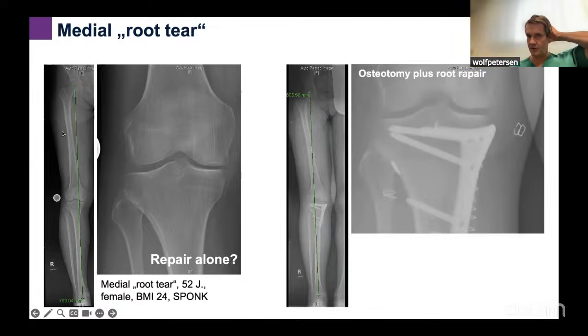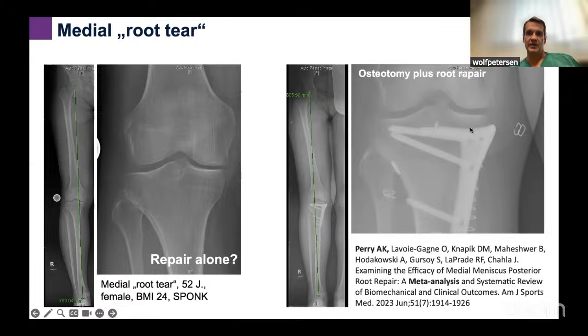In those patients with combined osseous varus deformity, I perform an osteotomy to correct the malalignment of the leg, and then I perform it in combination with root repair. The rationale is given by the systematic review, which has shown that the patient-reported outcome measures and the healing rates are much better if you combine your medial meniscus root repair with a realignment procedure.